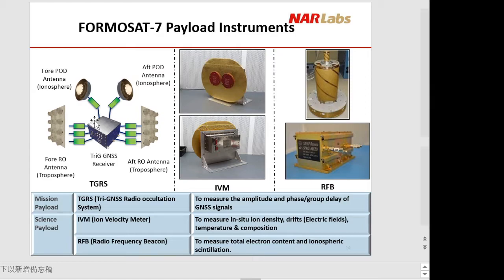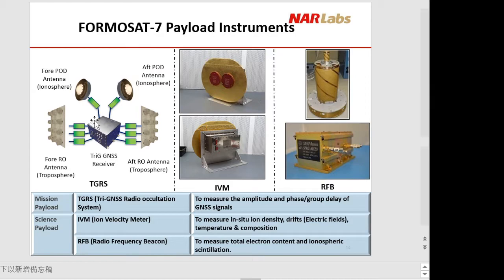And we have 2 science payloads. One is called IVM. IVM can measure the in situ ion density, drifts, temperature, and composition. You can see in the middle of this slide, the upper one is the sensor plate, and the lower one is the electronic unit, which is inside the spacecraft.